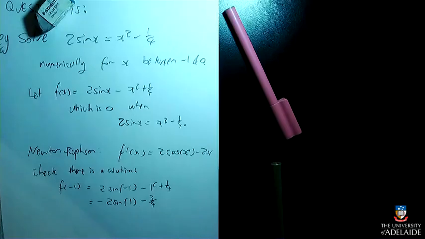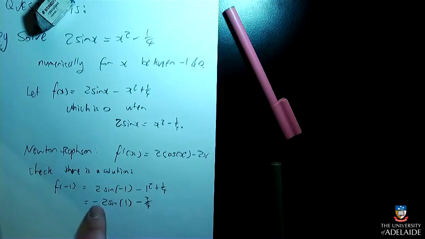Okay, good. I don't even need a calculator now. Sine of 1 is a positive number. So sine of -1 is minus sine of 1. This is definitely a negative number. I've got -3/4 minus another bit, so it's negative.